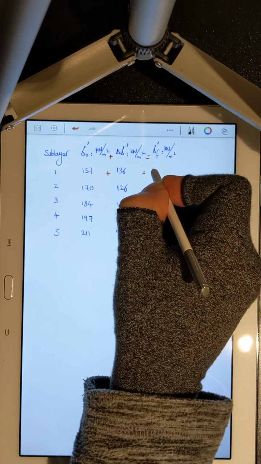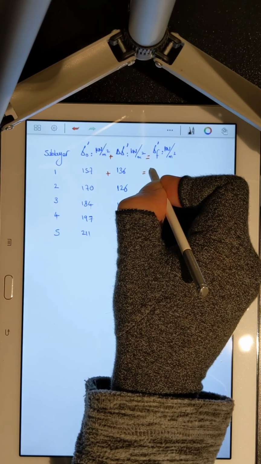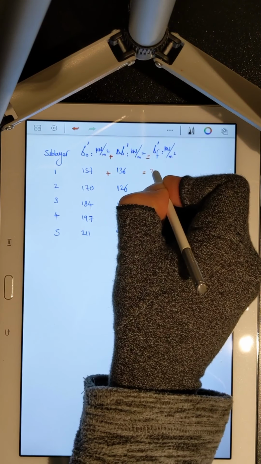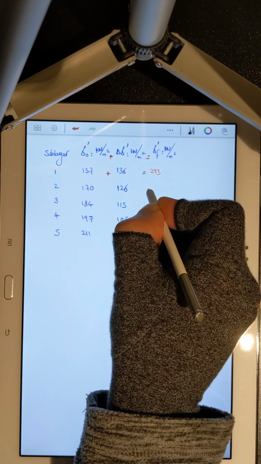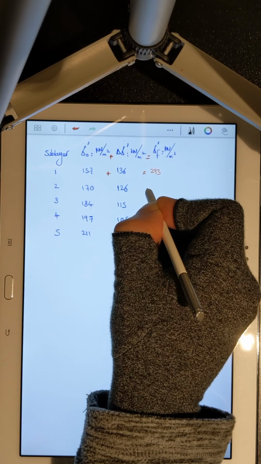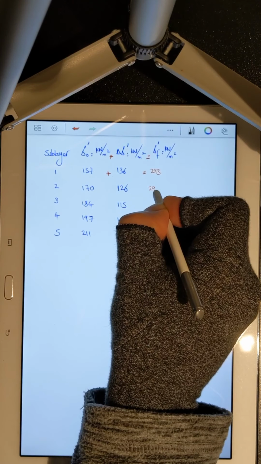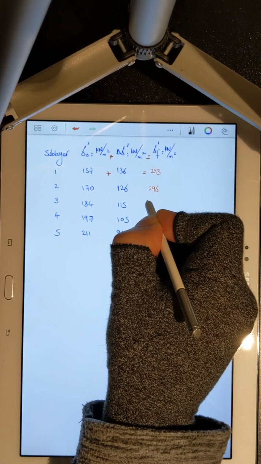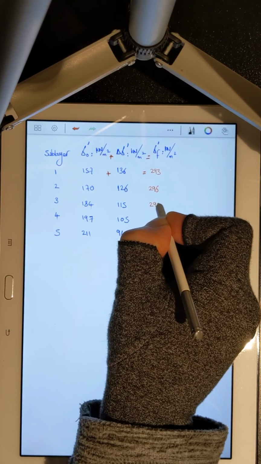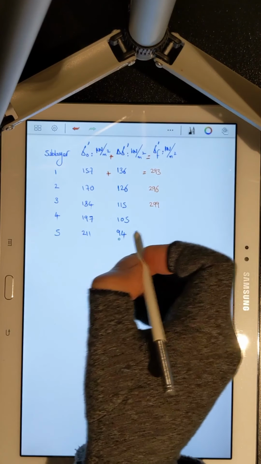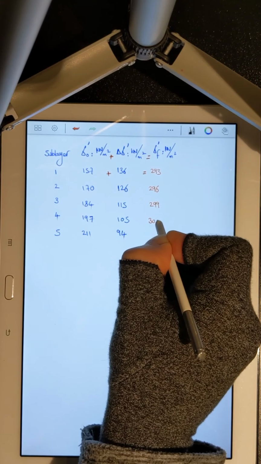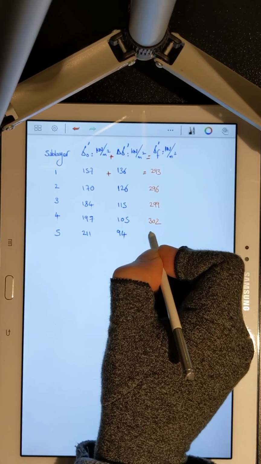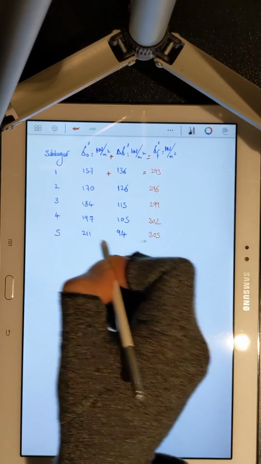These will be 293, 296, 299, 302, and 305.